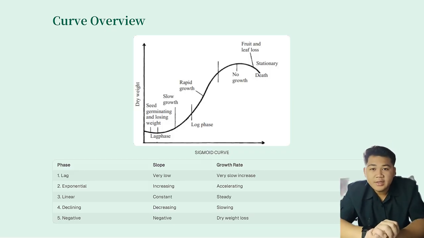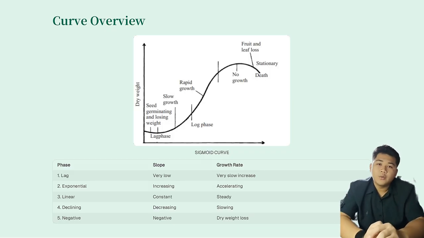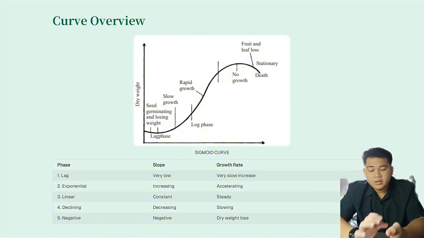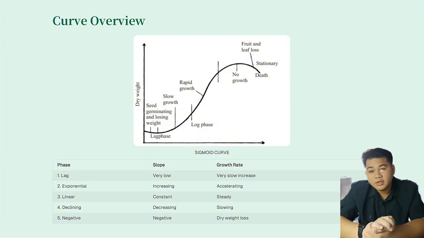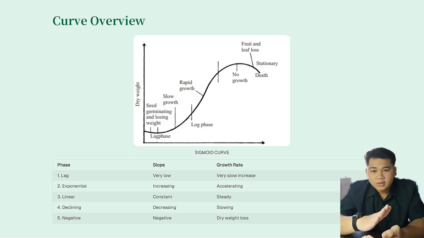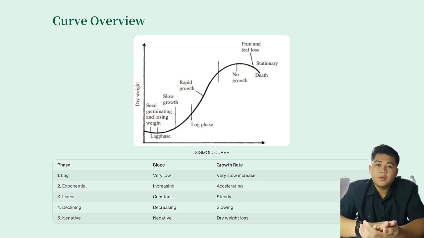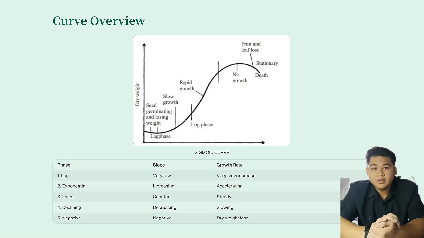The third one is linear, which has a constant slope, meaning steady growth. And the declining phase has a decreasing slope. That means growth will slow down. And the negative phase has a negative slope, which means the plant loses dry weight.